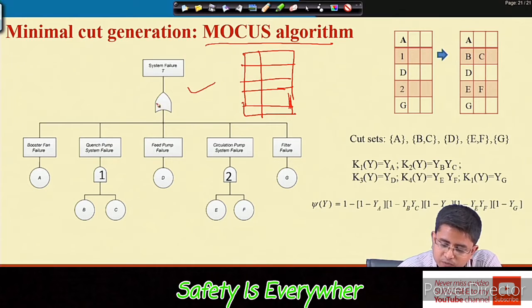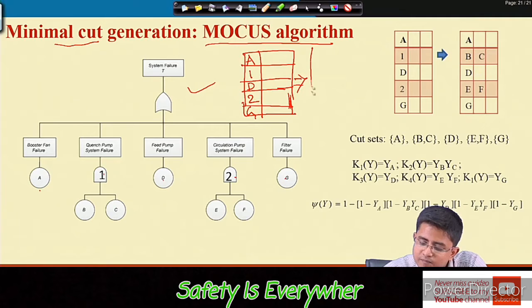So, the inputs to this OR gate are A, then 1, then D, then 2, then G. So, as this is an OR gate, and when we go for minimal cut, it will increase the number of rows. So, we will write here A first input, then 1, second input is D, third input is 2, fourth input is G.